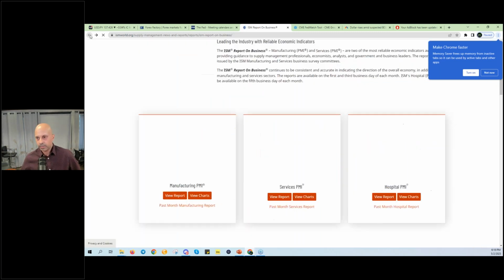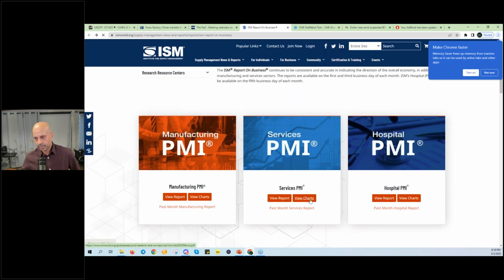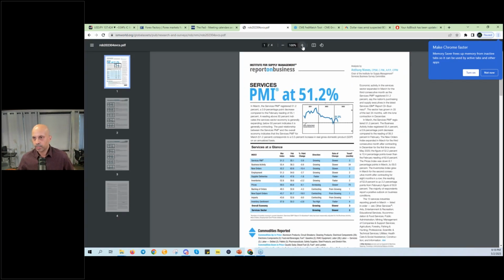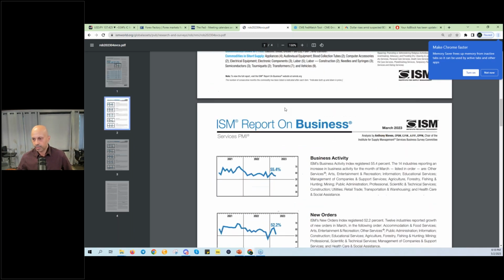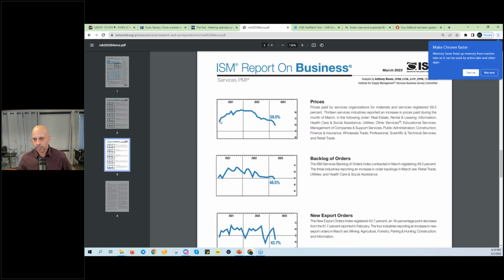So similarly, if you were to look at the charts for the services sector, again, throughout 2021 to almost the first half of 2022, the prices index was elevated and started pulling back steadily in the second half of 2022 and has pulled back even further in 2023.